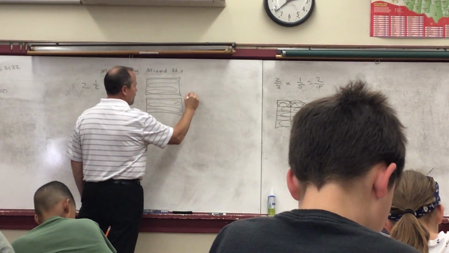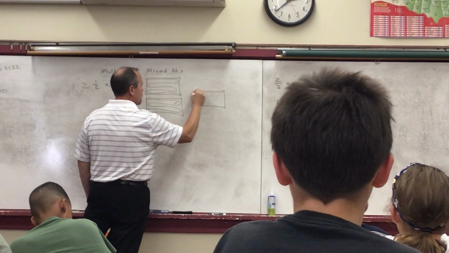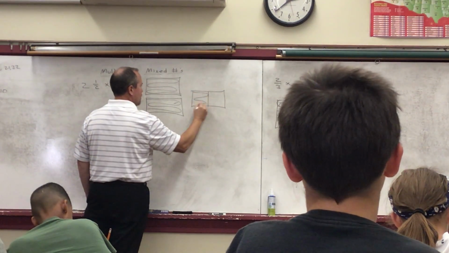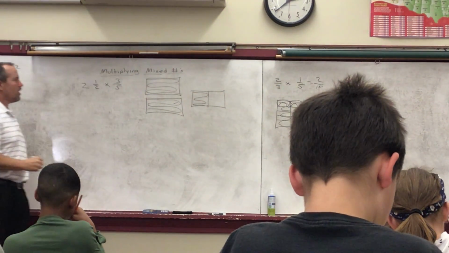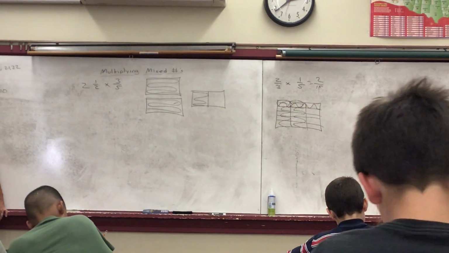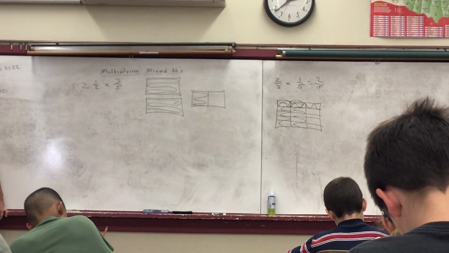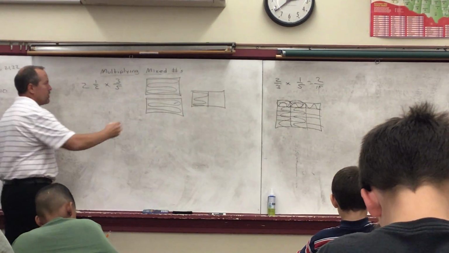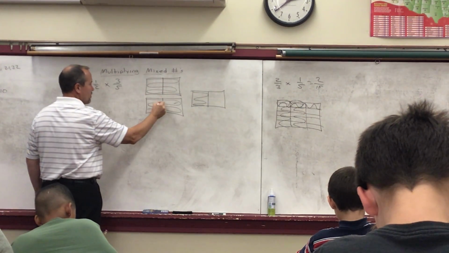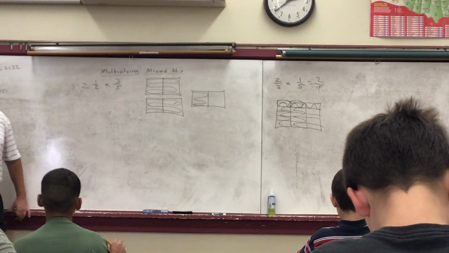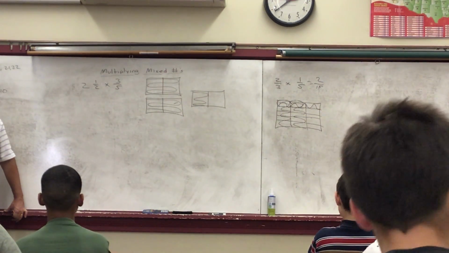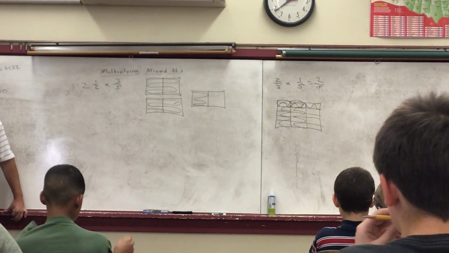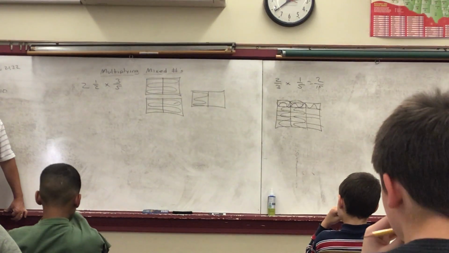And then we would have one half of another one. Now, since our denominator is 2, we'd break those two whole ones that are colored in into 2 pieces, and both pieces would be colored in.